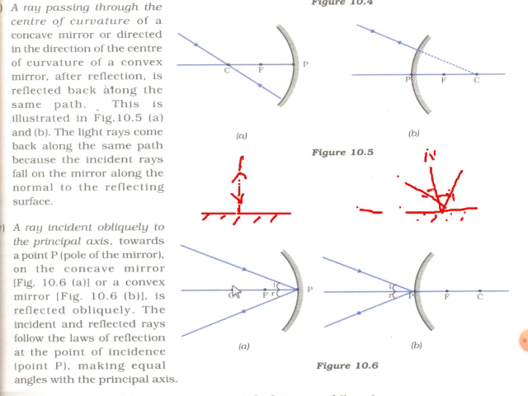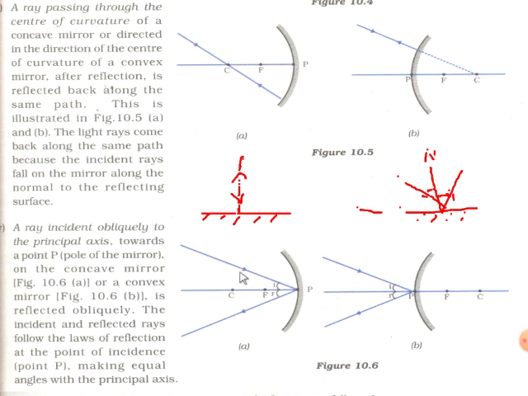And the last one, suppose an oblique ray, not parallel to the principal axis, not passing through the focus, not passing through the center of curvature, if a ray of light is incident onto the pole with some angle, that means if this is the incident ray, the point of incidence, then the normal at this point of incidence will be this line, the principal axis, passing through the center of curvature, right? So this is the principal axis, and this is the angle of incidence.